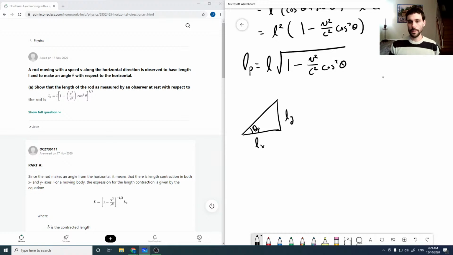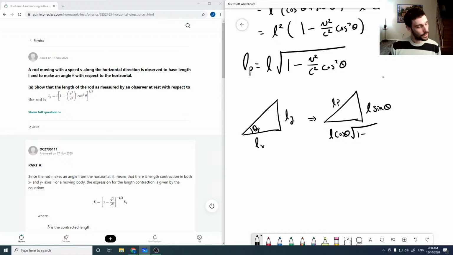So Ly isn't being compressed. So we already showed that it's only x that's being compressed. So we've got our LP. This is still L sine theta. And this is now L cos theta root 1 minus v squared over c squared. And so this is our theta p.